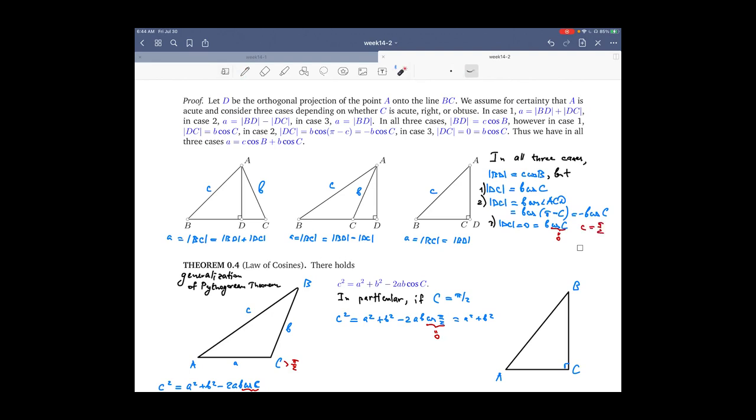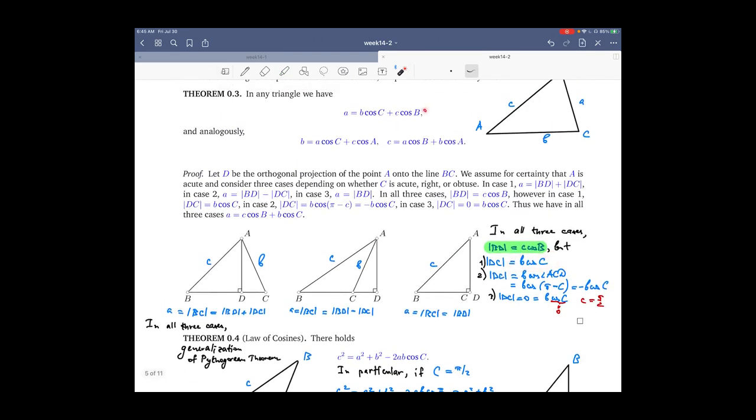Now it's easy to check that in all 3 cases, when you add BD plus DC, BD is again c cosine B. In the first case, when you add BD and DC, c cosine B plus b cosine C, you get a.